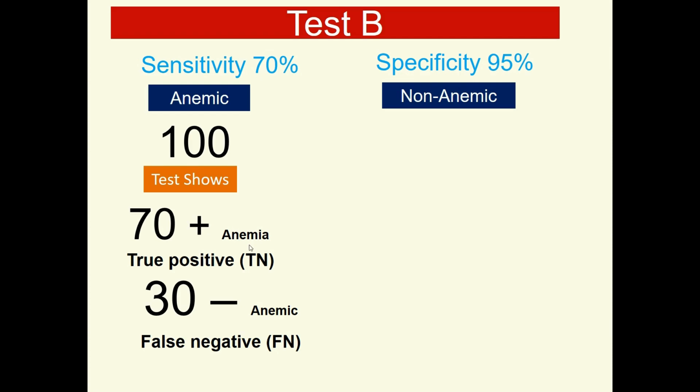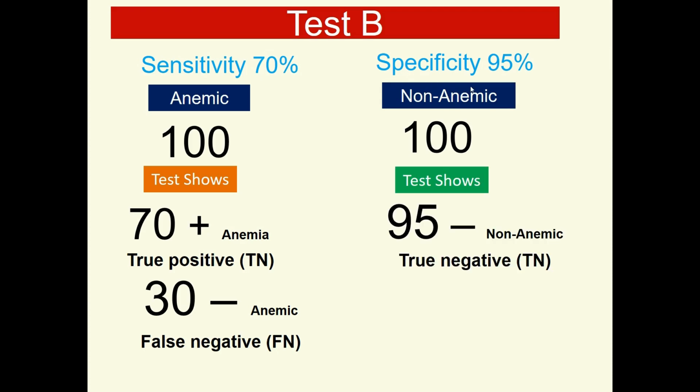That's the reason lower sensitivity is an indicator that a big number of individuals' tests have been missed. That means it is a false negative test. Next, for test B, there are 100 individuals with no anemia, and the test, according to specificity, shows true negative, meaning there is no anemia.